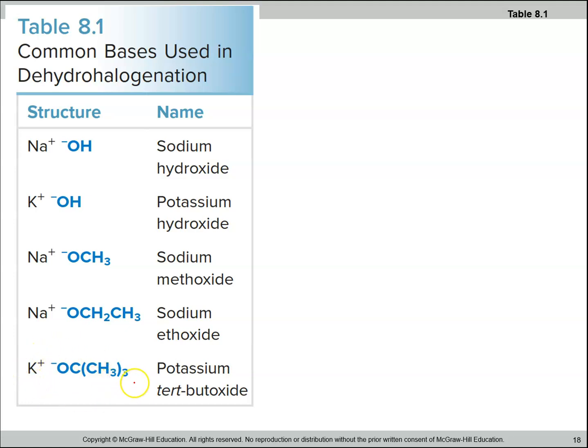Potassium tert-butoxide, for example, is going to be quite different than sodium hydroxide because this group is going to have a lot of steric hindrance, and it's going to influence where it's able to take a proton from, right? Remember, these are bases. It's going to be looking for acids, and typically protons, so we're talking about more of a Bronsted type of base.